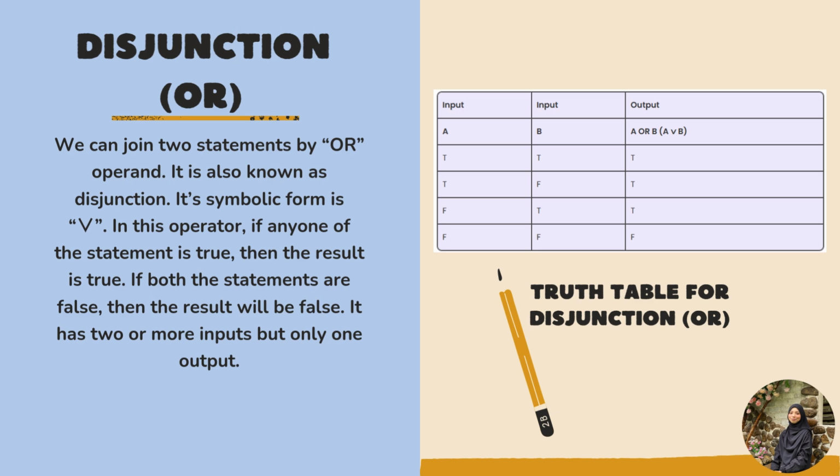If A is true and B is false, the output will be true. If input A is false and B is true, the output will be true. And if A is false and B is false, the output will be false.